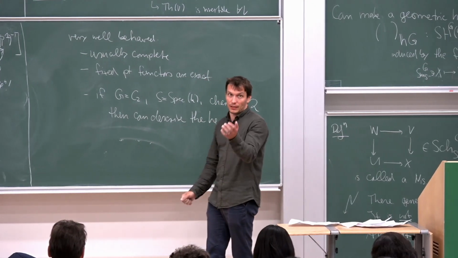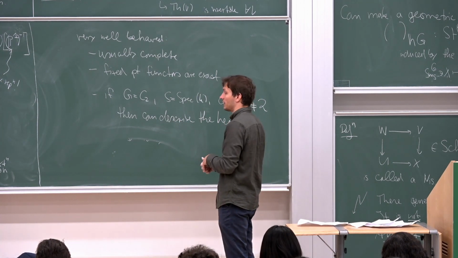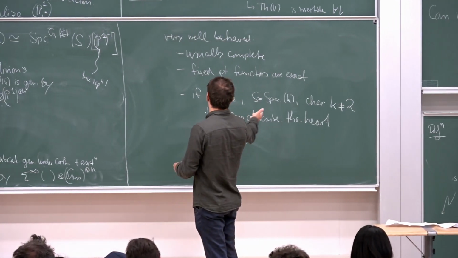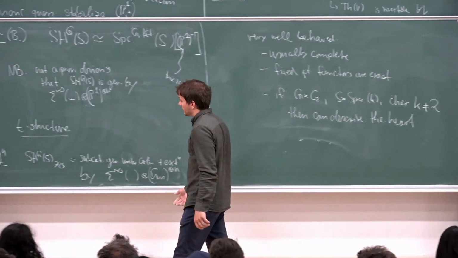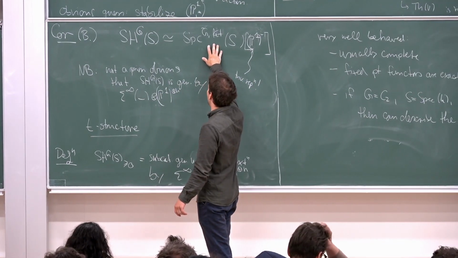I clearly don't have enough time to say this, but if you know the usual homotopy T structure, the heart is so-called homotopy modules. And basically here it's homotopy modules again, but what you have to do is build in the finite étale transfers.